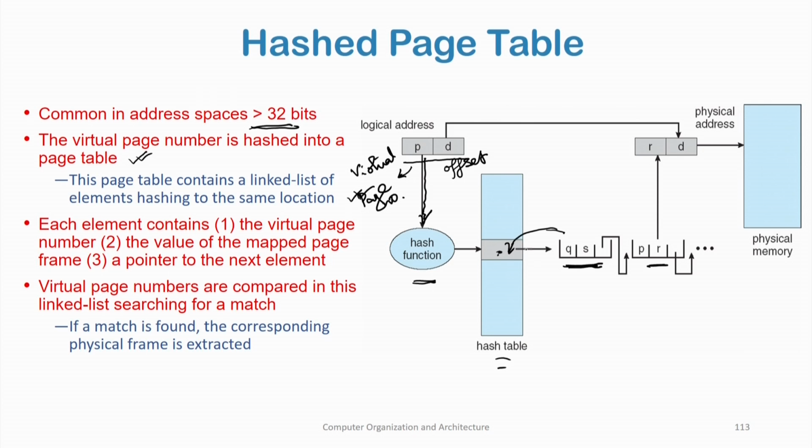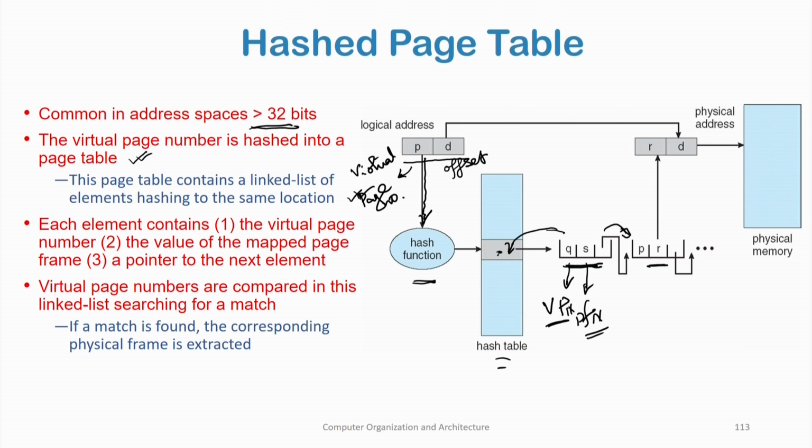In this location, I have a linked list of all elements that hash to this location. Each element contains what? The virtual page number, the value of the mapped page frame, which is the page frame number, and the third part is a pointer to the next element.